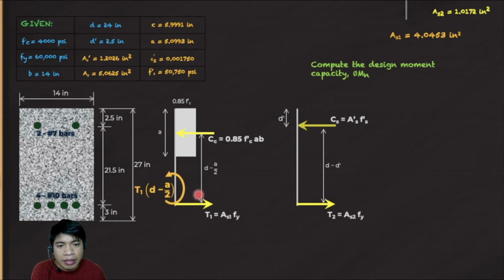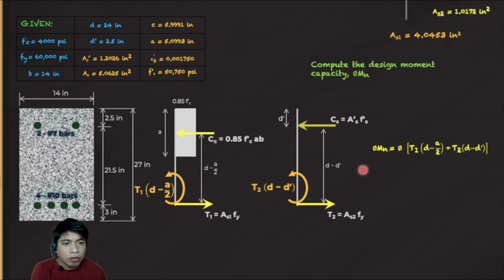Yung couple nila T1 at Cc is T1 multiplied by d minus a over 2, o di kaya Cc multiplied by d minus a over 2. Tapos yung couple naman nila T2 at Cs, yung kanilang moment is T2 multiplied by d minus d prime, o di kaya Cs multiplied by d minus d prime. So ang gagawin lamang natin sa pag-compute ng phi Mn is equal to phi multiplied by yung sum ng dalawang ito.